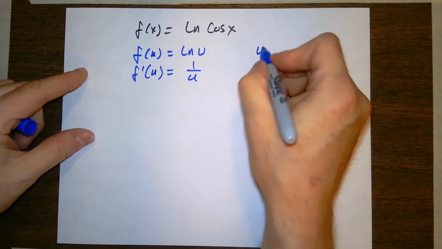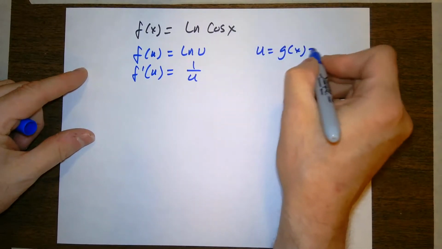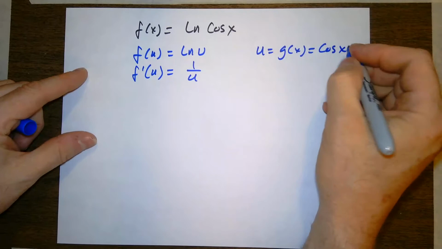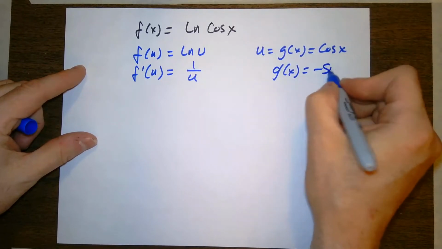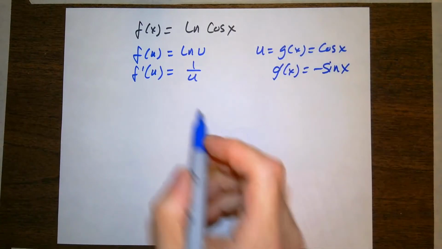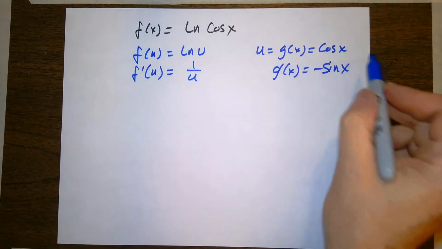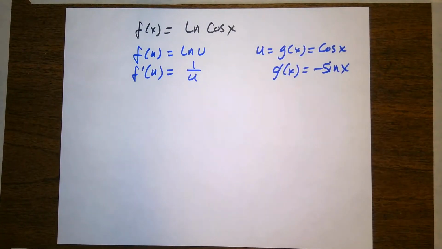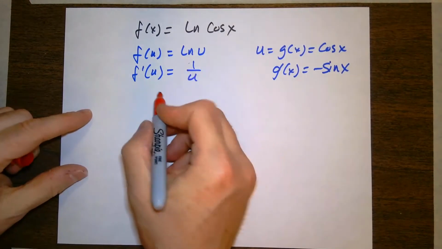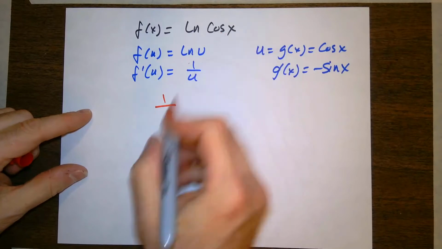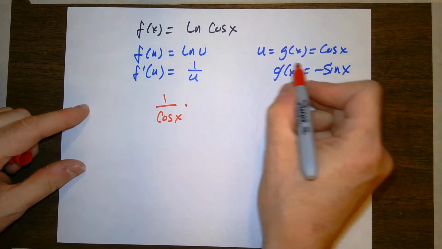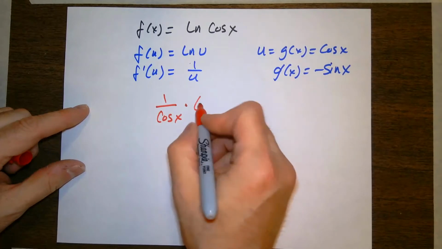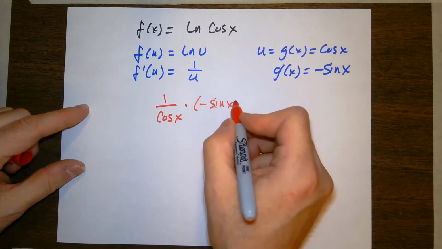The inside function, some g of x, is going to be the cosine of x, and the derivative of cosine of x is the negative sine of x. So I've got my outside function and its derivative, my inside function and its derivative. Putting it all together, I'm going to have 1 over u, which is cosine x, times du, which is the negative sine x.